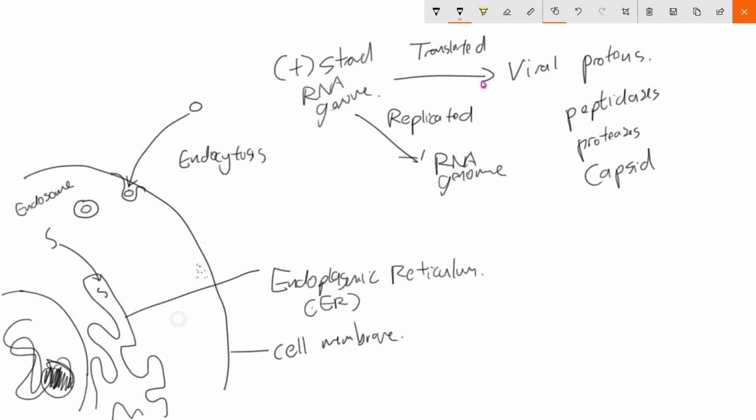So it goes through another medium. This is the Golgi apparatus, this typical organelle that looks like a pair of pancakes. Typically it's used in protein packaging or post translational modification.